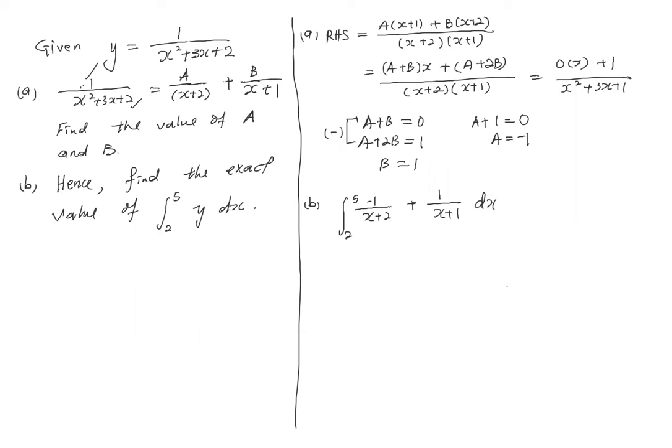So this one, integral from 2 to 5 of 1 over x plus 1, take away 1 over x plus 2 dx. Okay, so you know that when you integrate 1 over something, what is the result?